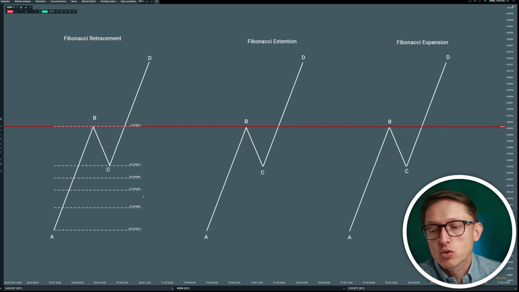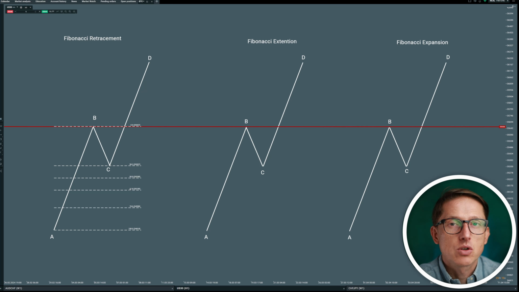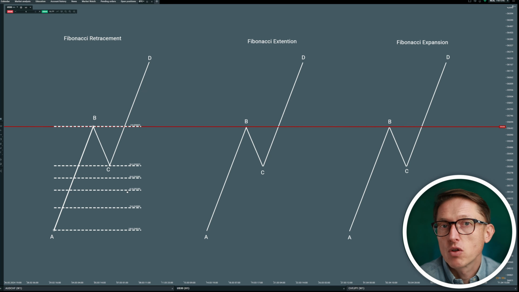So what you want to do at this level, obviously, you want to not just open the position straight away, although that could be your strategy, and feel free to do that if you feel like, but you would be looking for a certain type of confirmation.